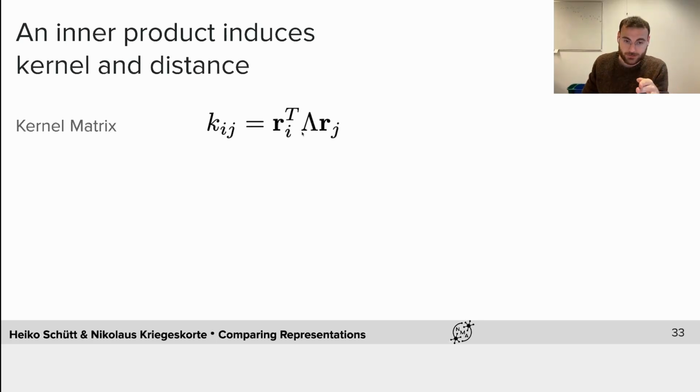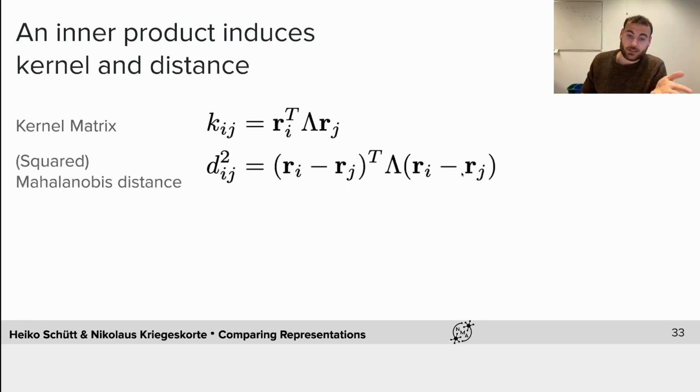So we just add this lambda to Ri transpose Rj, extending this slightly, and we also get a form of distance, which is again Ri minus Rj, and then applying the inner product of that difference with itself. And once we have this kind of lambda positive definite matrix in there, we call that squared Mahalanobis distance.